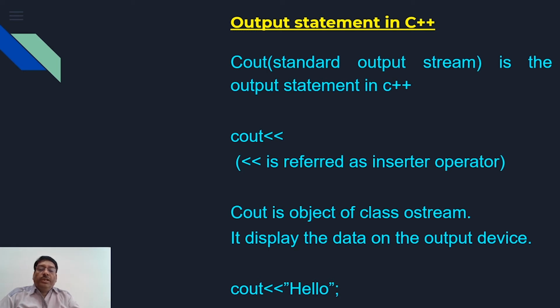When you write something in double quotes, it is treated as a constant, a group of characters, which we call a string constant. Every statement in C++ has to be terminated with a semicolon, and it is a case sensitive language. For cout, you need not write a capital C; everything should be in small case.